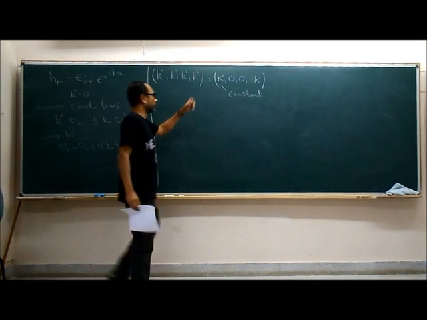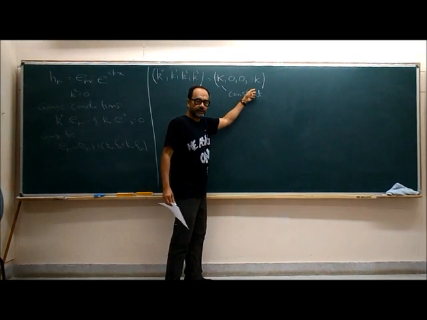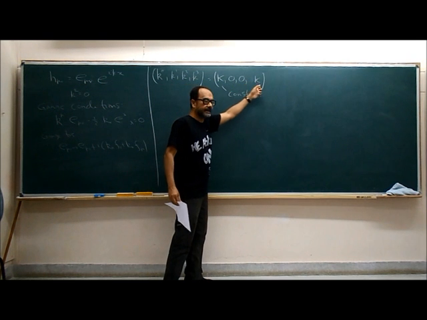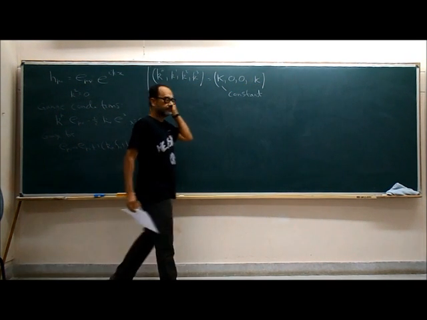And then this automatically satisfies, of course, k square equal to 0, because eta mu nu k mu k nu is k square minus k square. That's it.